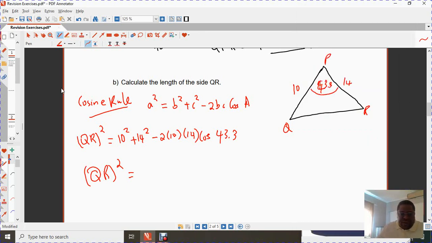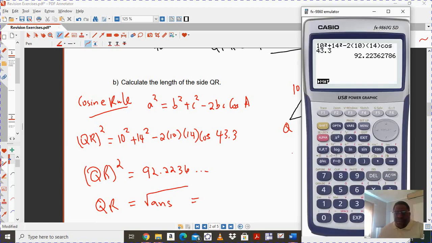So if I write that answer down, that's about 92.2236 and so on. So QR should equal the square root of whatever that is. So I'm going to say, shift, square root of my answer.